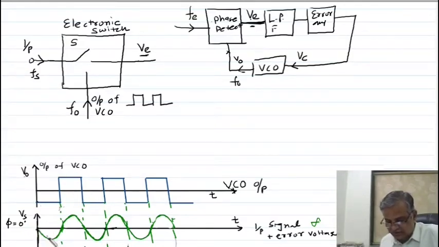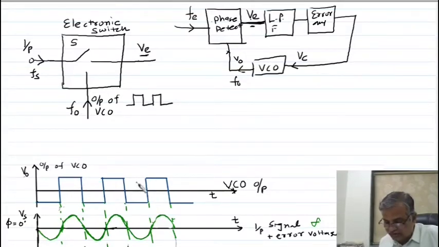You can see here that the phase of FO and FS is 0. This switch is closed only during the positive half of the square wave coming from the VCO.